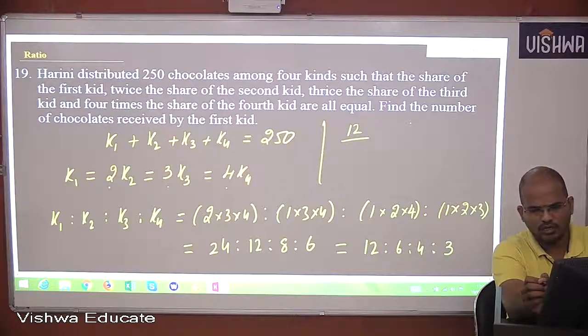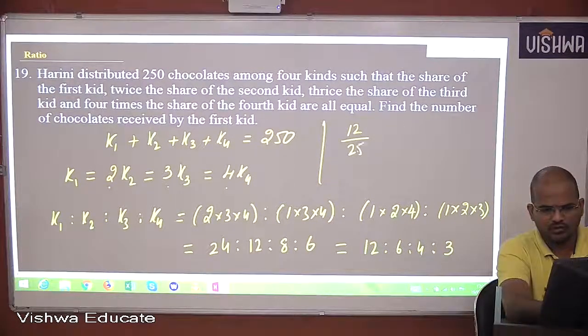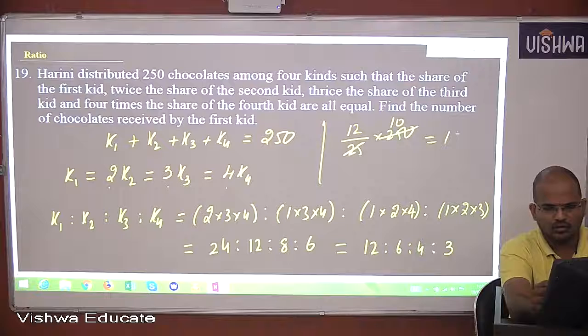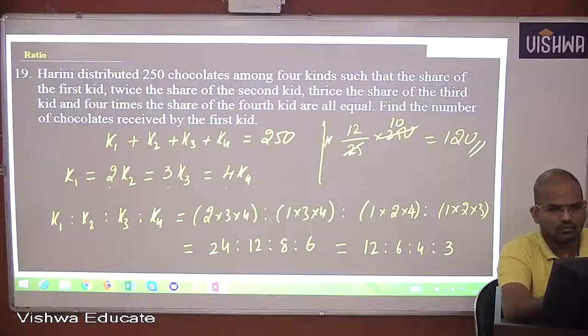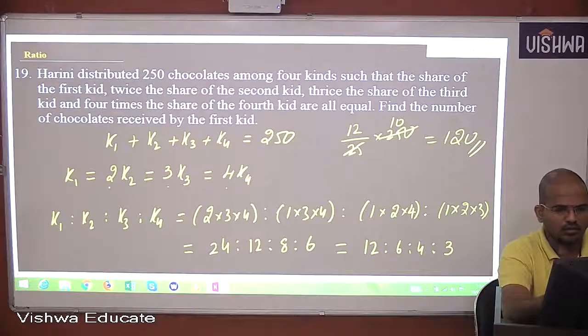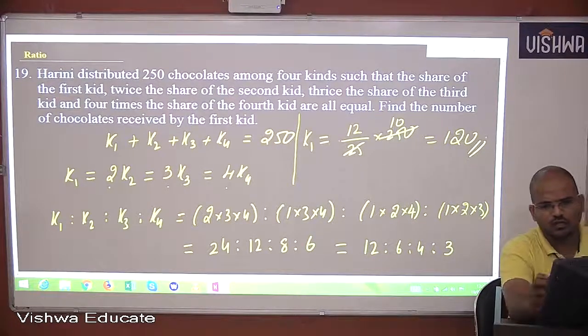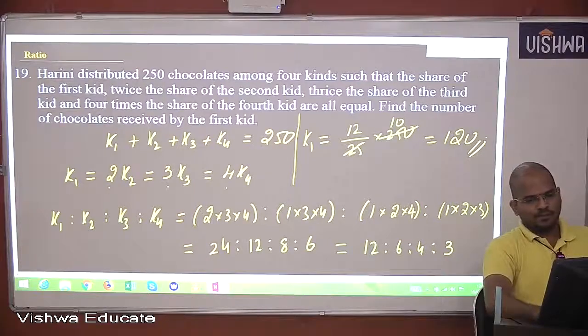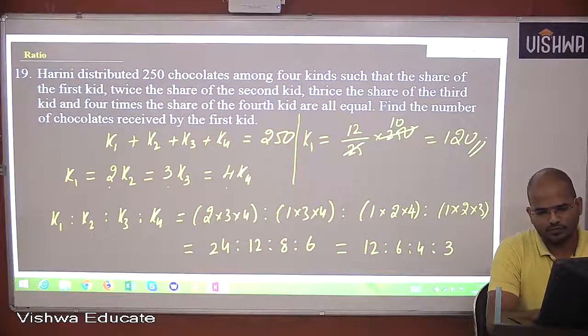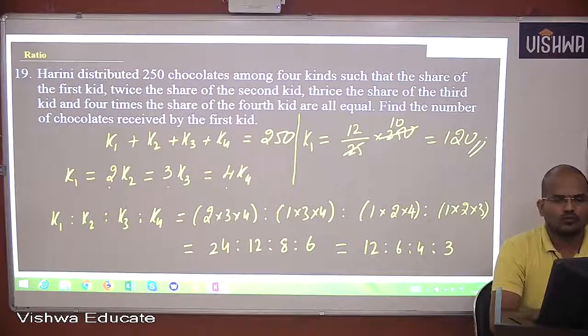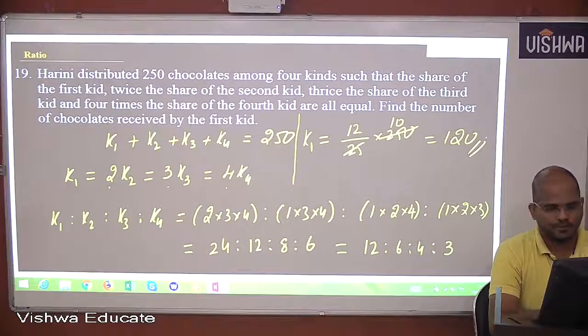Twelve plus 6 is 18, plus 4 is 25. 12 by 25 into 250, 25 10s. So she gets 120 chocolates. So K1 gets 120. That is 12 by 25, not 15. Please copy it down.